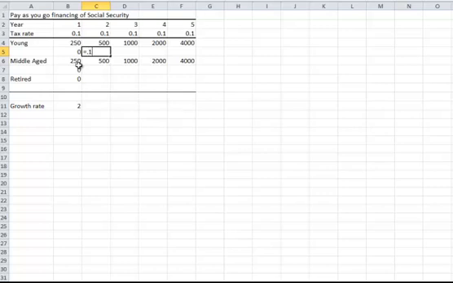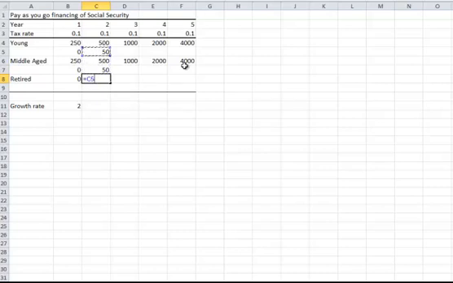So 0.1 for 10% times 500 is $50. And likewise down here, 500 times 0.1 is going to be $50.